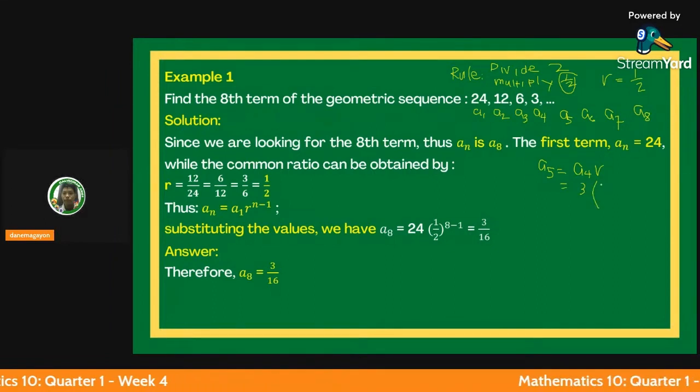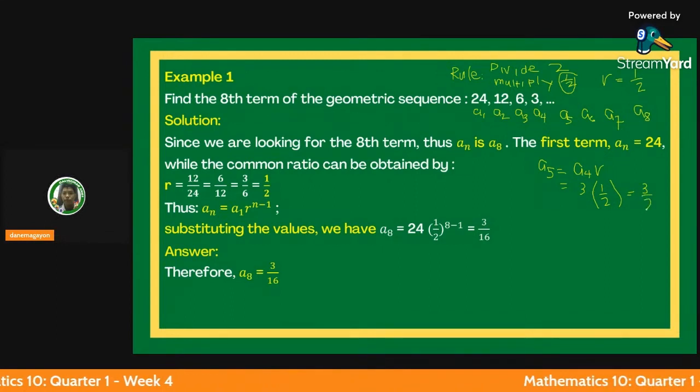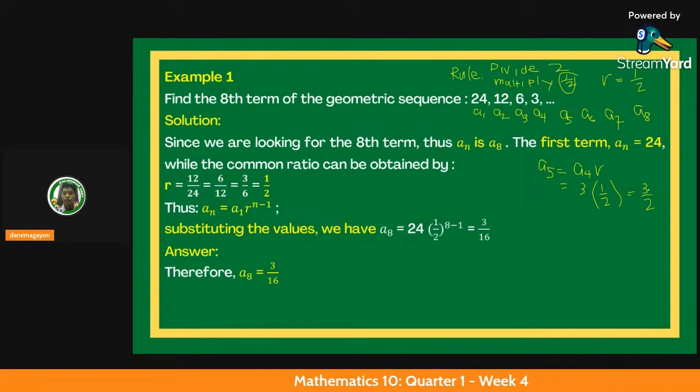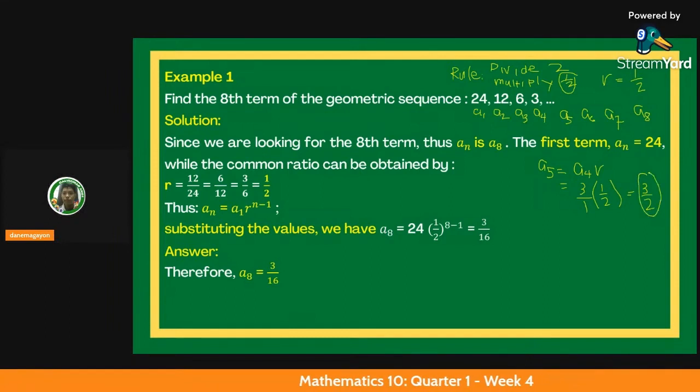Yung r natin is 1 over 2. Actually, di ba kung ang gagamitin nating operation is division, ma-observe na lang natin that our answer will be equal to 3 over 2. Unlike with this, gagawin pa natin, we multiply 3 by 1 to get 3. And then, pwede mo siyang lagyan ng denominator dito as 1. And then, yung multiply 1 by 2 to get 2. Kaya meron kang 3 halves for your fifth term.